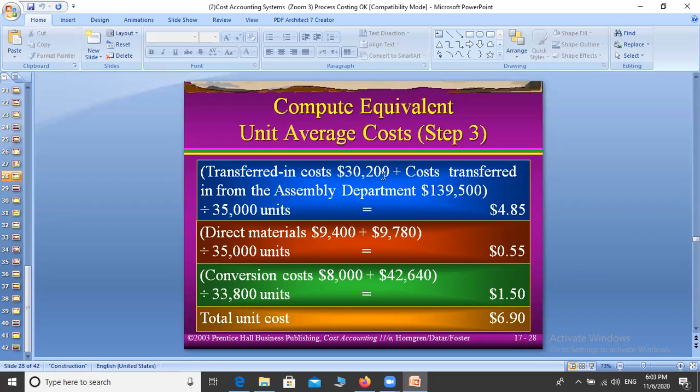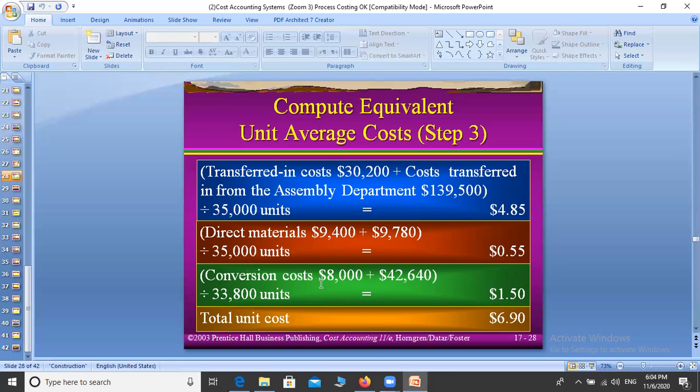Now, the transferred in cost: 30,200 from beginning plus cost transferred in from assembly department 139,500, divided by 35,000 equivalent units, so the average cost per unit for transferred in cost is 4.85. For direct material, I have at beginning 9,400 plus 9,780 during the period, divided by 35,000, gives $0.55 per equivalent unit.